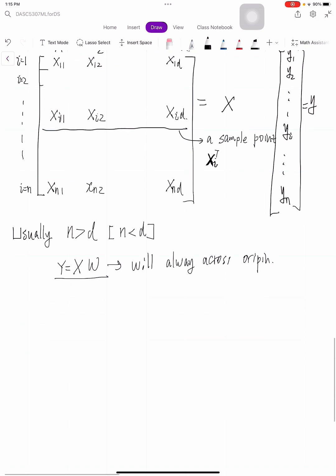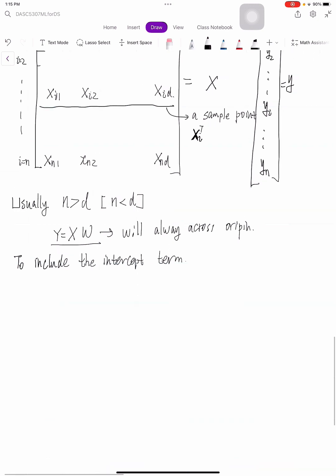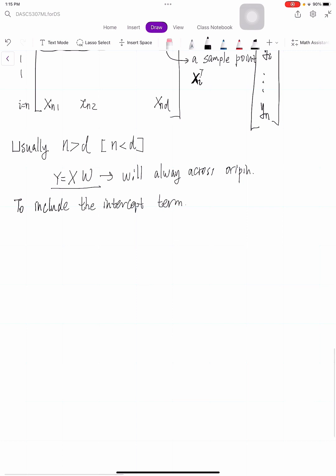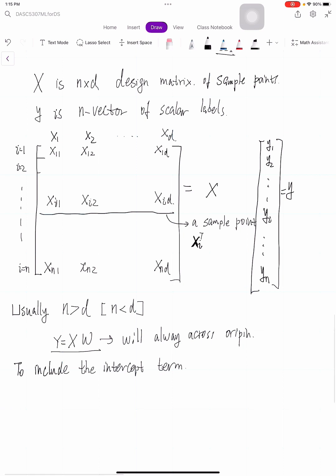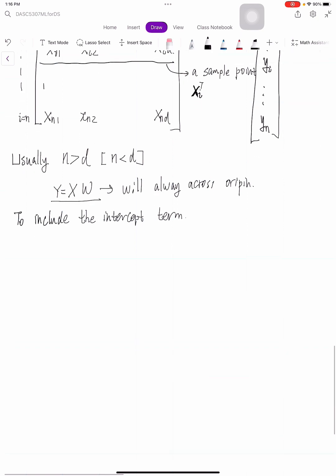Okay, but to include the intercept term, we usually use an augmented design matrix. In other words, we always include the 1 as one of the columns.